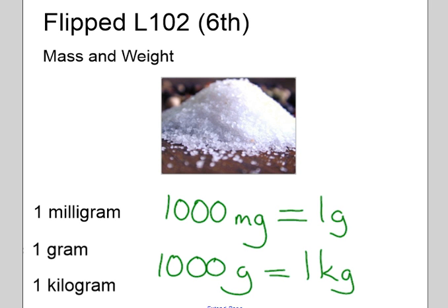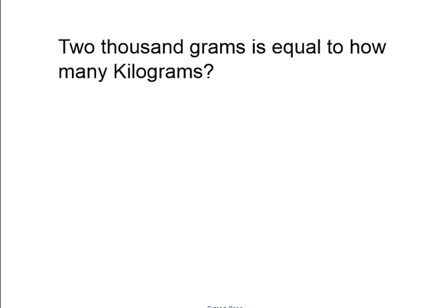So this is our first major concept today, is understanding these relationships and being able to flip and flop them whichever way necessary, so that we're converting between milligrams, grams, and kilograms. And so understanding this first relationship is important. All right? So we can ask this very simple question: 2,000 grams is equal to how many kilograms? So I first of all throw down my 2,000 grams. I think about my relationship.